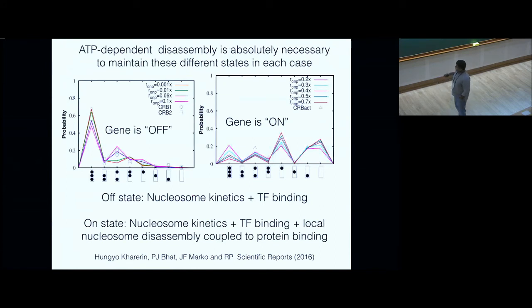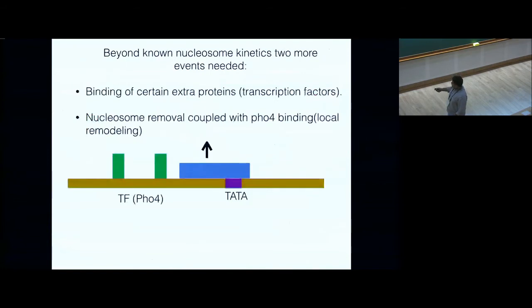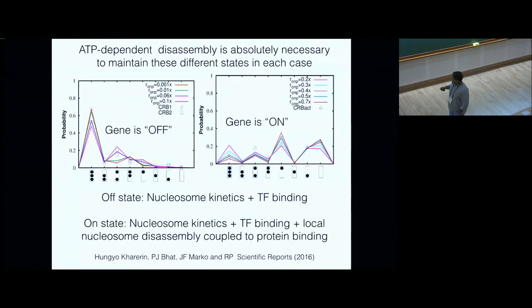So we could, with two parameters, one is the rate of affinity of this as one parameter, and the disassembly of this due to this as another parameter, all other parameters are earlier decided from various in vitro experiments.